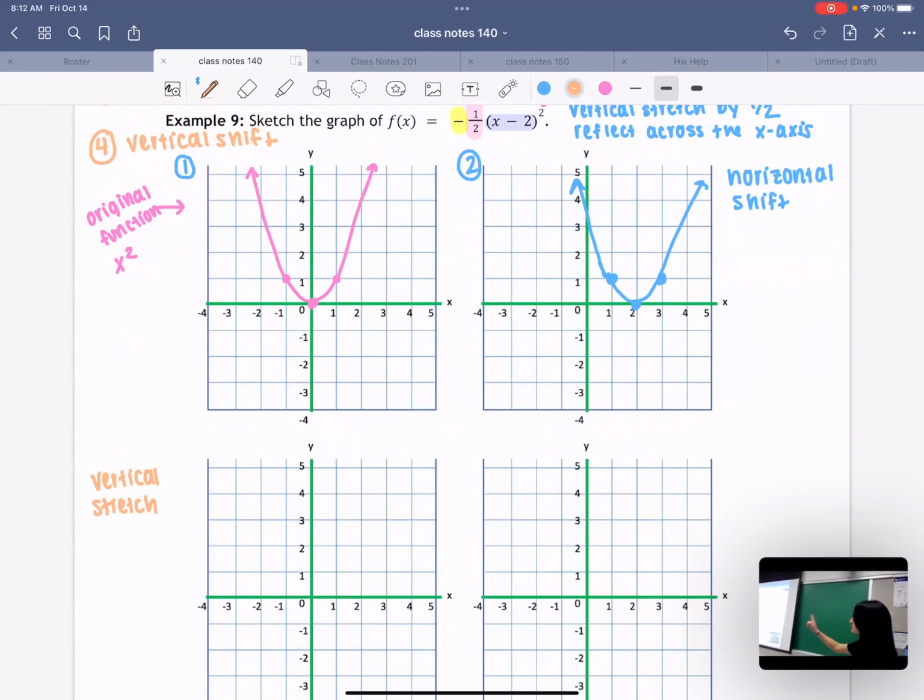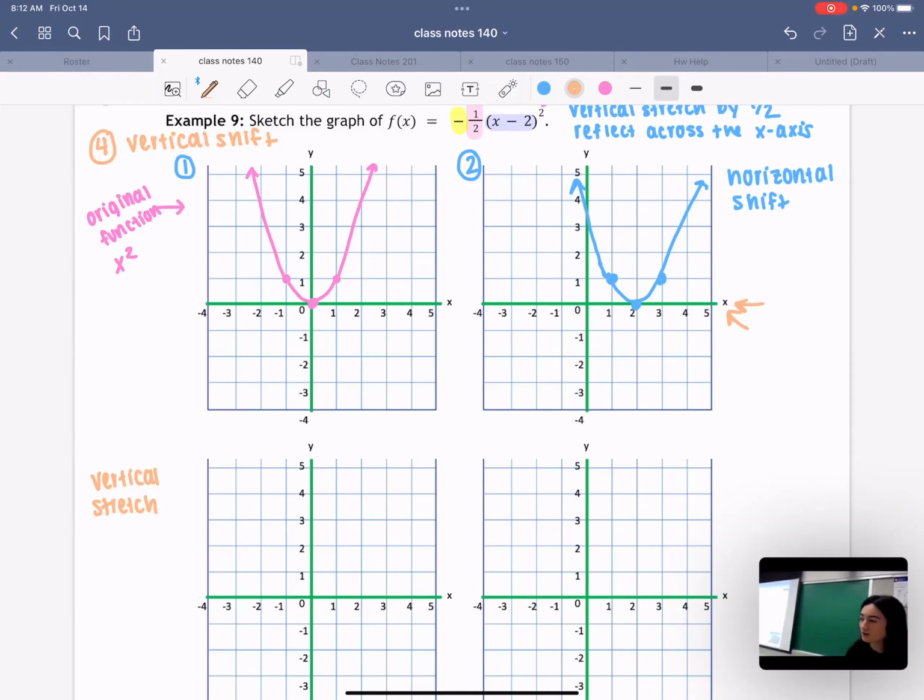Am I vertically stretching the graph of number 1 or number 2? Number 2, right? I've already horizontally shifted the graph. Since the next step is to vertically stretch, I need to start from where I left off. So I'm not vertically stretching the original function. I'm vertically stretching this function.